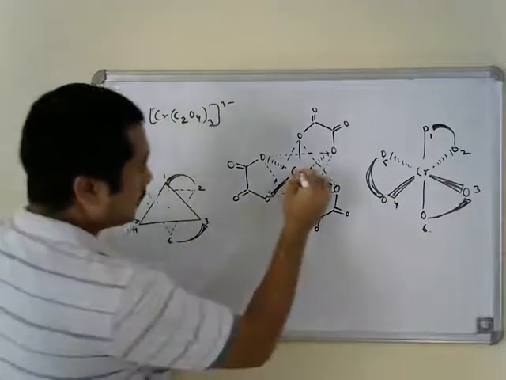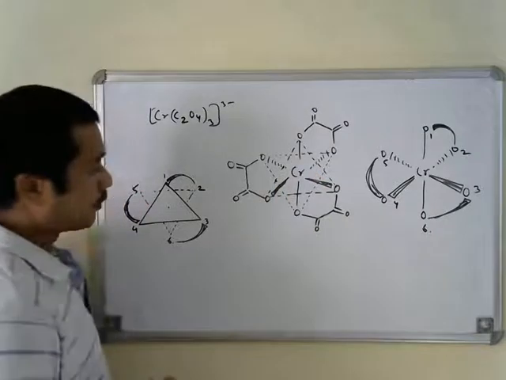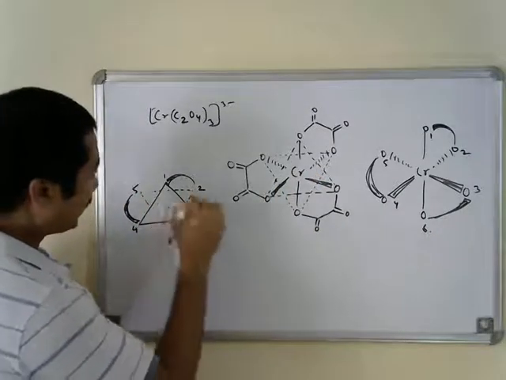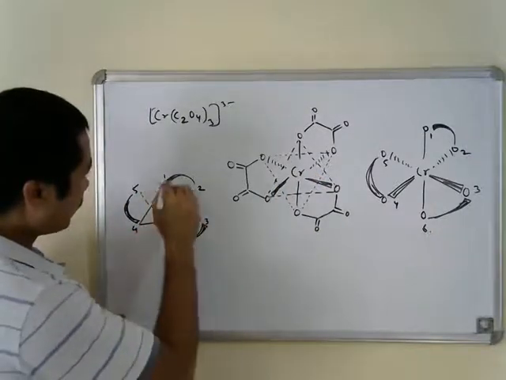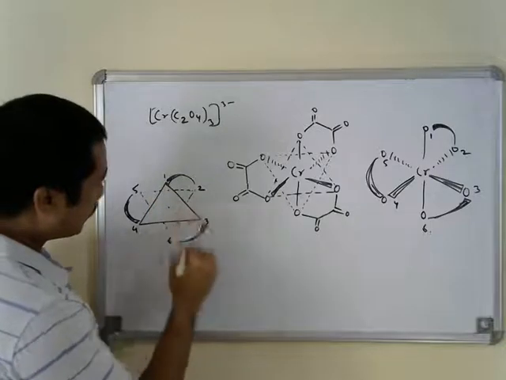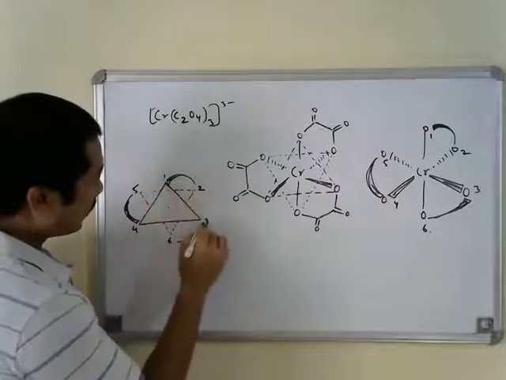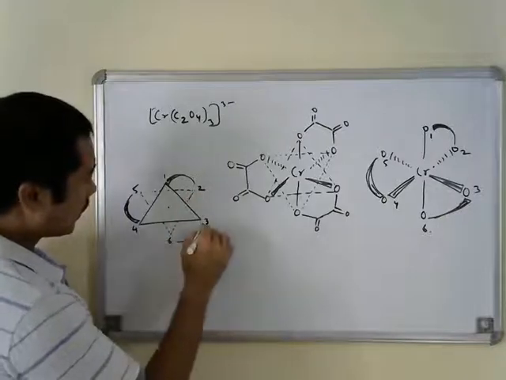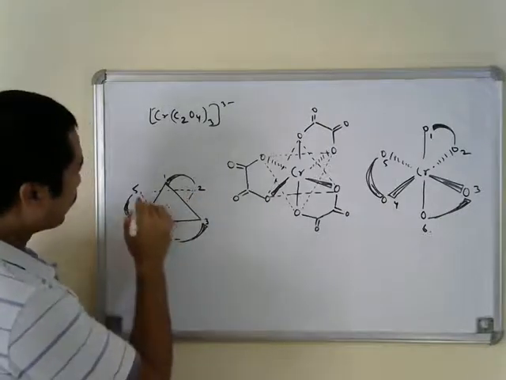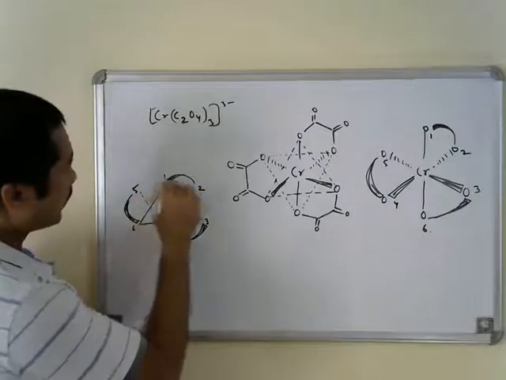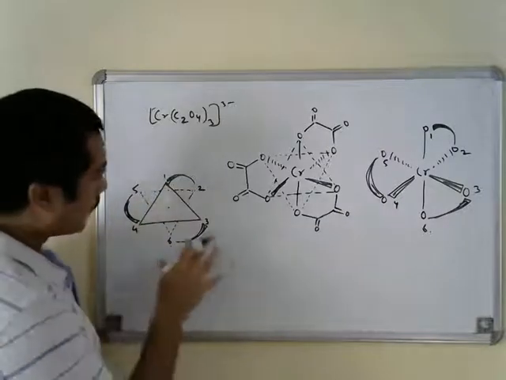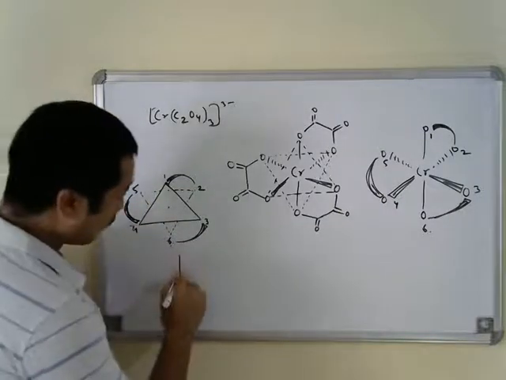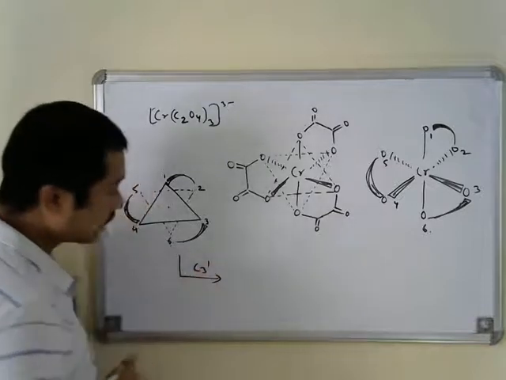Now it passes through the chromium atom, and as you can see, when you do a C3 rotation, 1 will move to the position of 3 while 2 will move to the position of 6. Similarly, 3 will go to 4 and 6 will go to 5, and 4 and 5 will come to the place of 1 and 2, and that is how we are going to get an indistinguishable configuration.